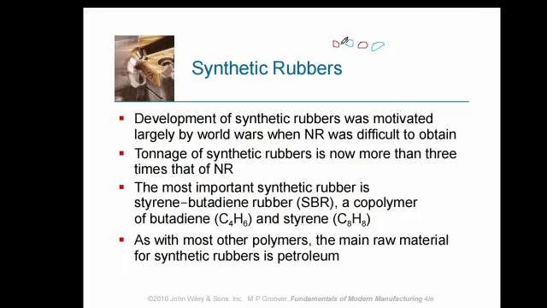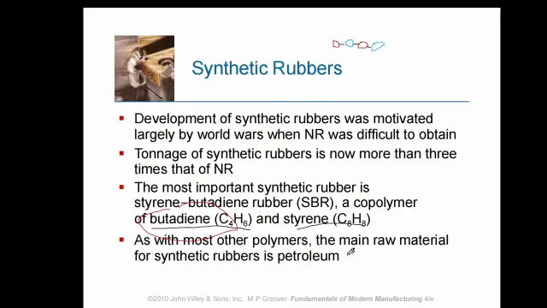So here, SBR or styrene butadiene is made up of two monomers, butadiene C4H6 and also styrene C8H8. Okay, so it's one of the most important synthetic rubbers.